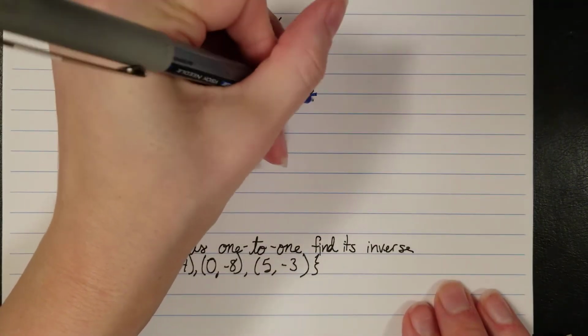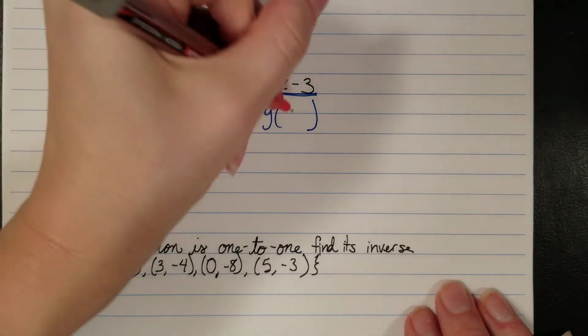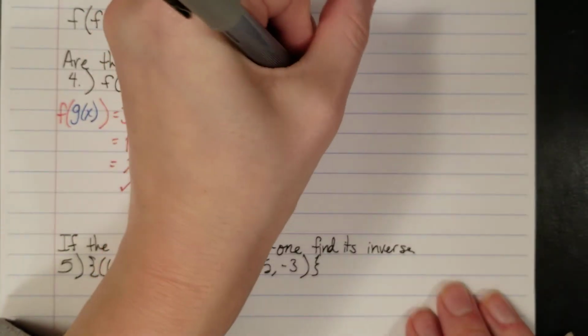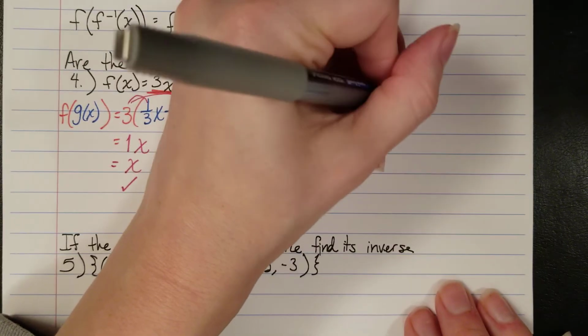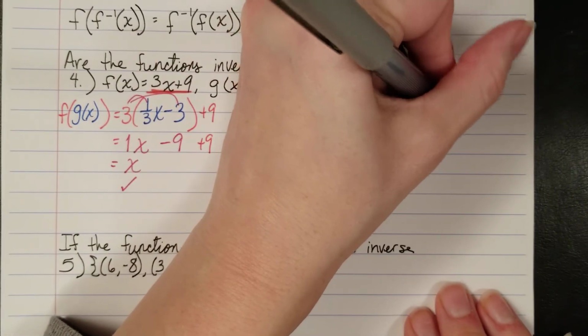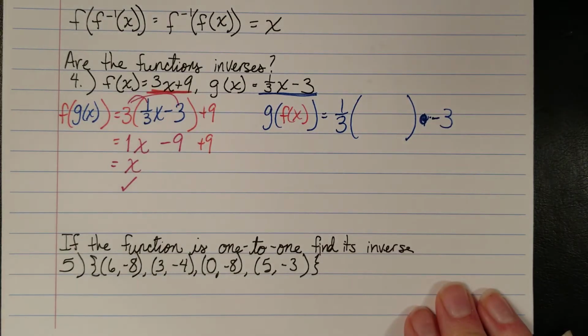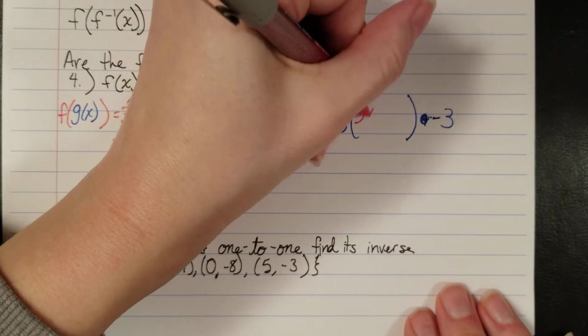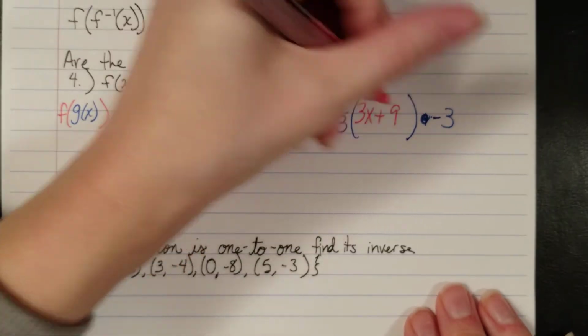So g of f of x. That's going to equal 1/3 times (3x plus 9).